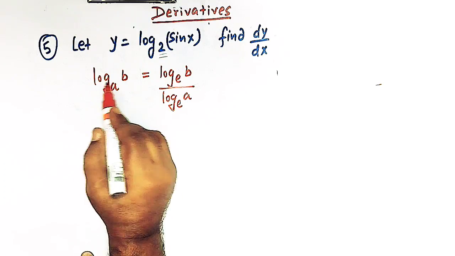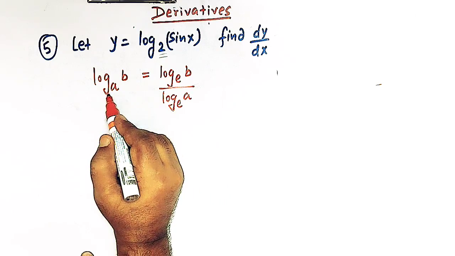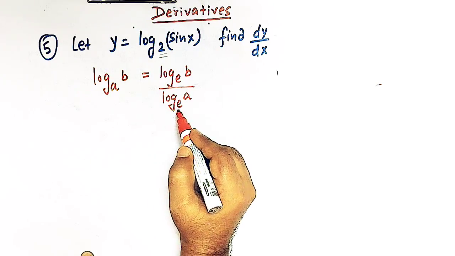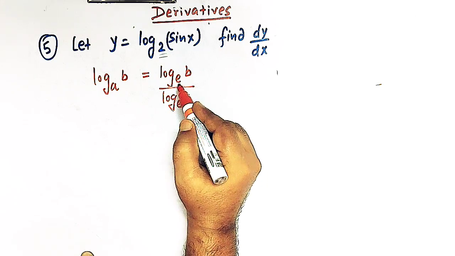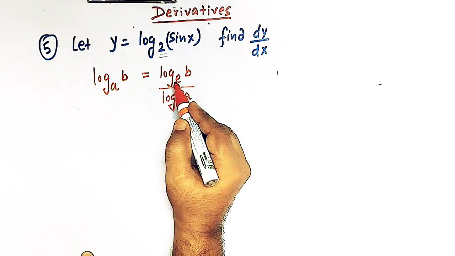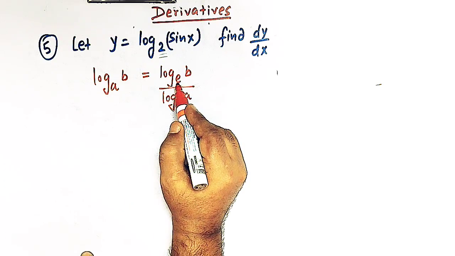So here we have logarithm of b to the base a, right? And we have now converted the base to the natural log, that is the exponential number. So here we have changed the base from a to e, right?